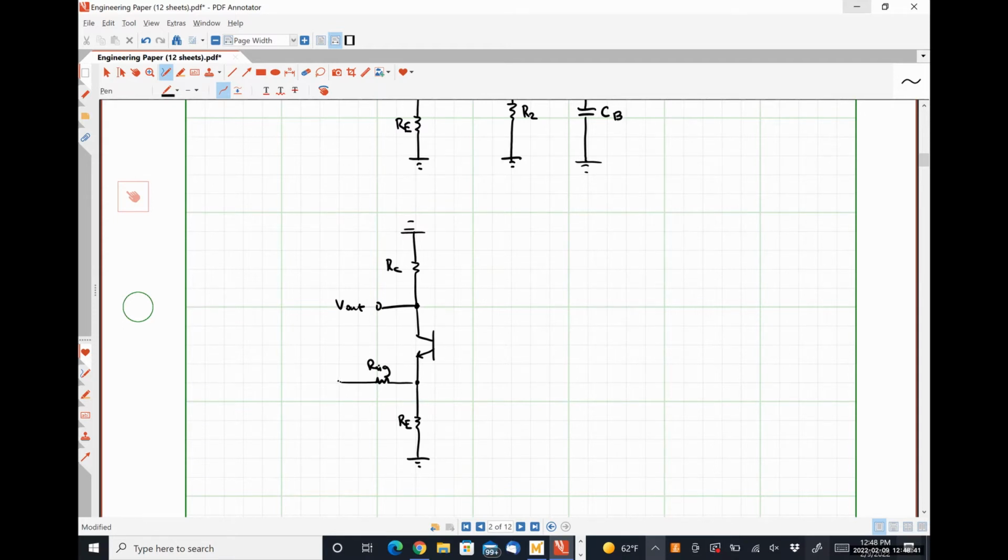Here's R sig. Here's Vin. Down this guy. So this should look fairly familiar. At least parts of it, that's kind of the whole point of this thing.